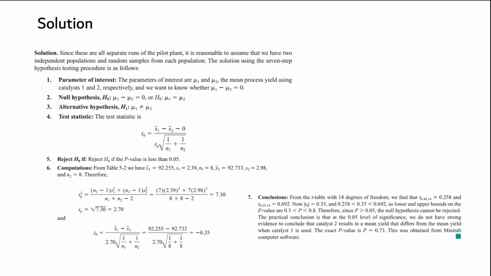We can calculate the T0 using the test statistics equation, and we can reject the null hypothesis if the p-value is less than 0.05. So 0.05 is 1 minus our confidence limit.